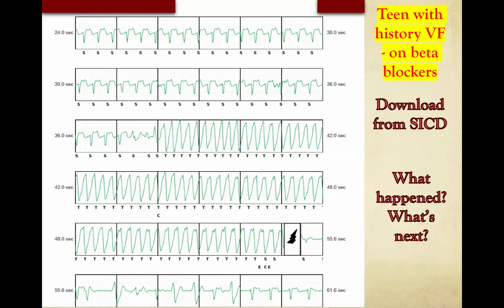Right. This is a download. So when people have ICDs or SICDs, we can now remotely monitor them through a device. There are different types.